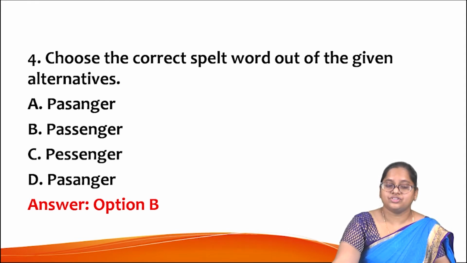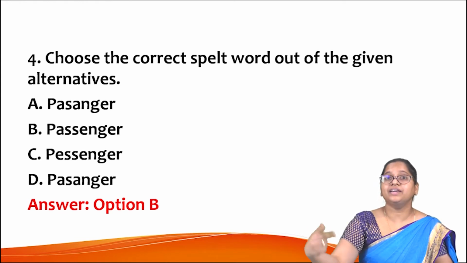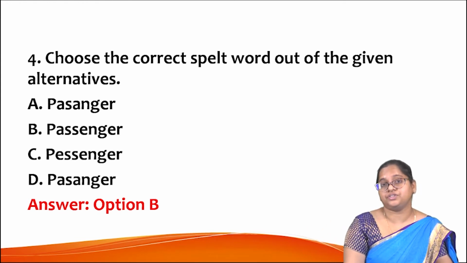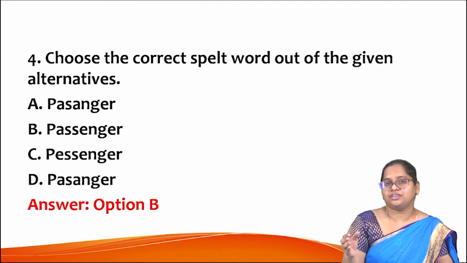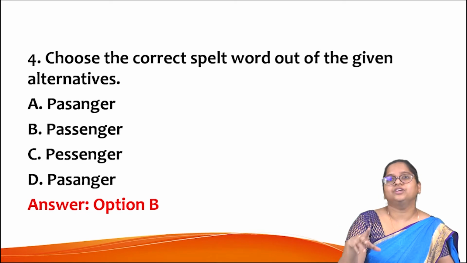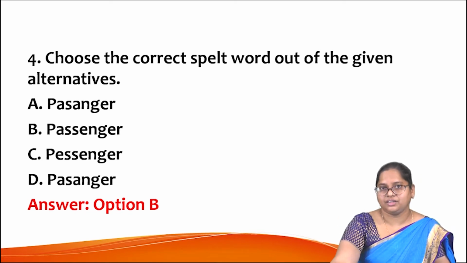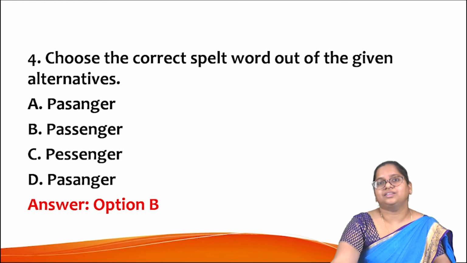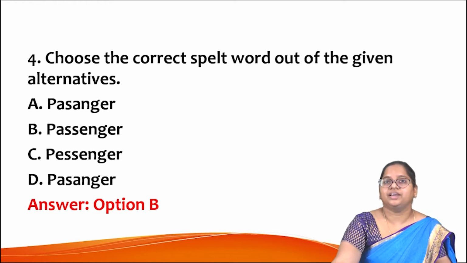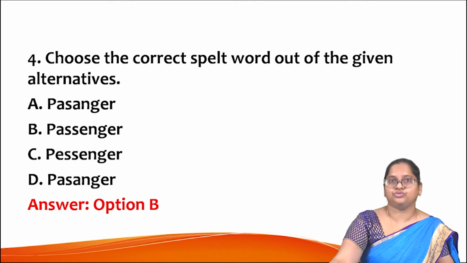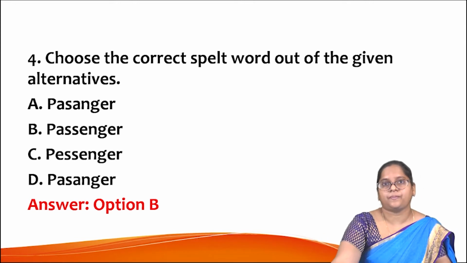Passenger, passenger, passenger, passenger. So why did I pronounce it differently in different ways? Because the spellings give the sound accordingly. The way you spell, the way you sound the word. A, P-A-S-A-N-G-R, so you say passenger.